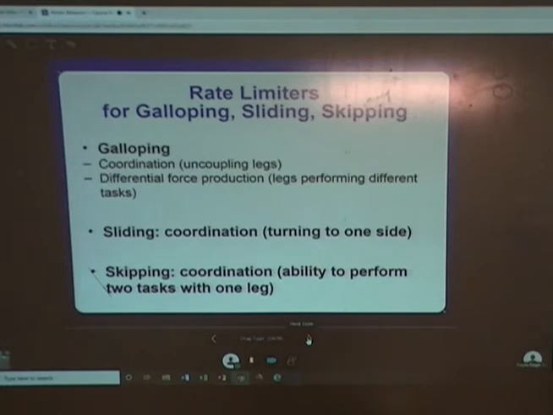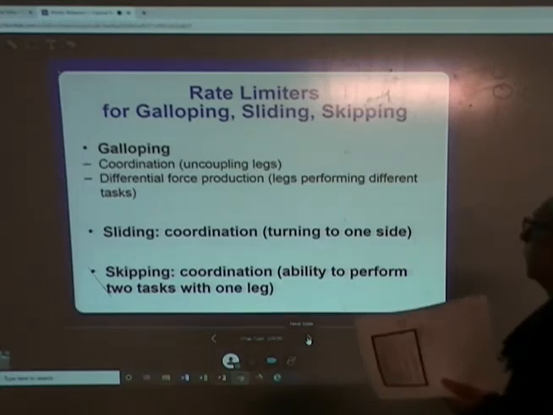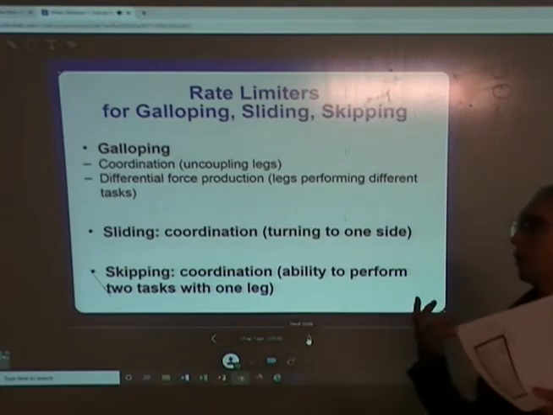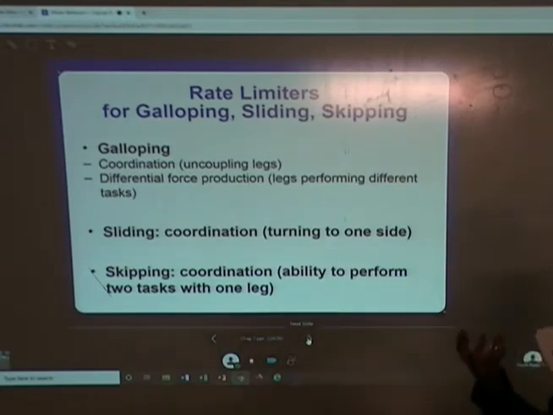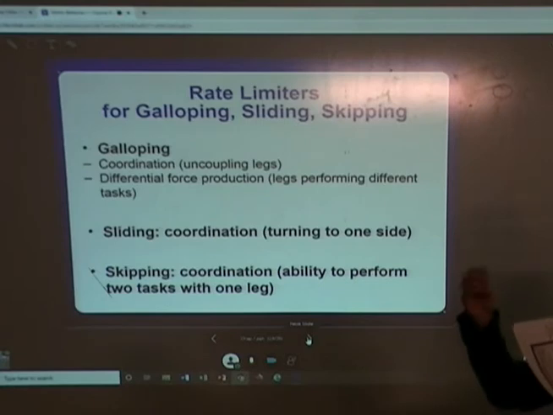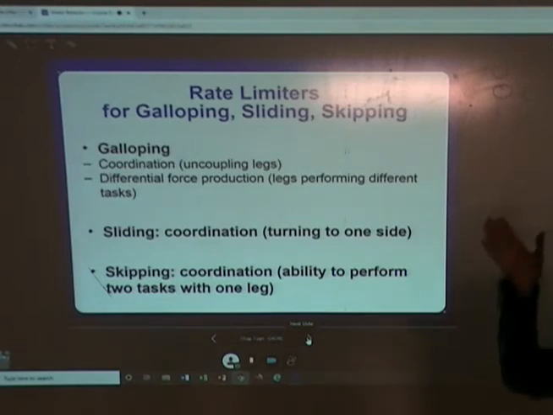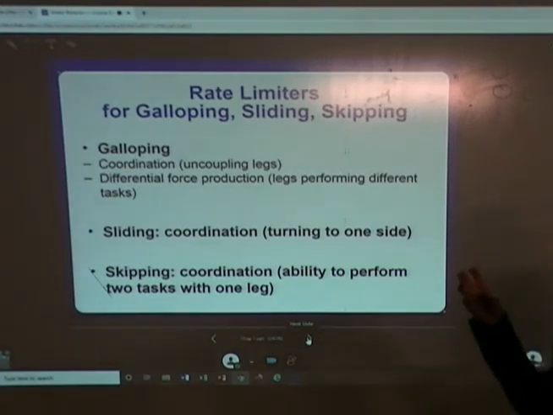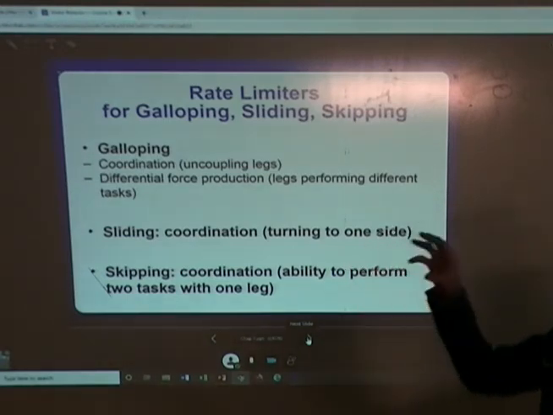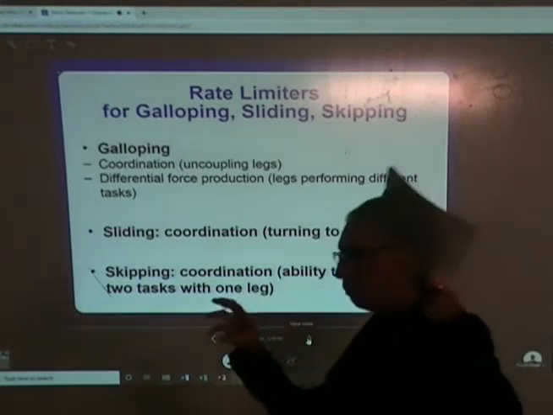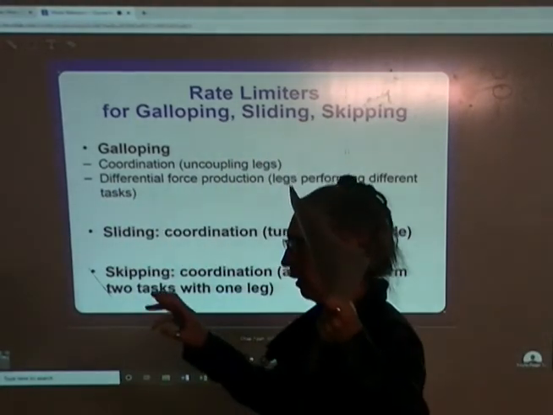So we want to keep thinking about this rate limiter idea. With galloping, there's a huge amount of coordination that has to occur. The two sides of the brain have to uncouple because both legs are doing something different. One leg is stepping, one leg is leaping.